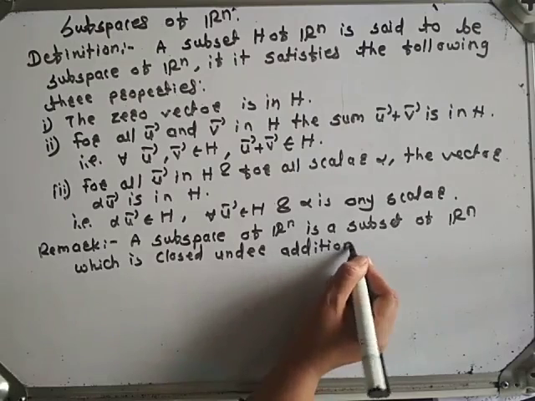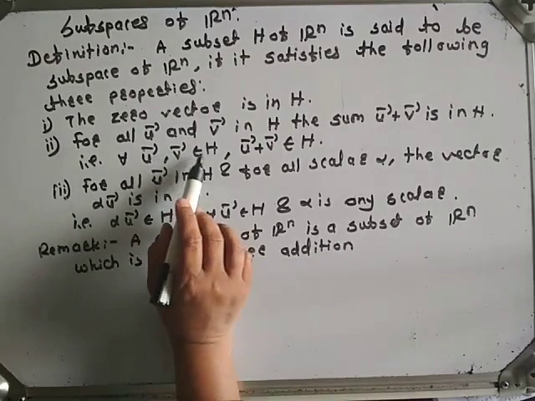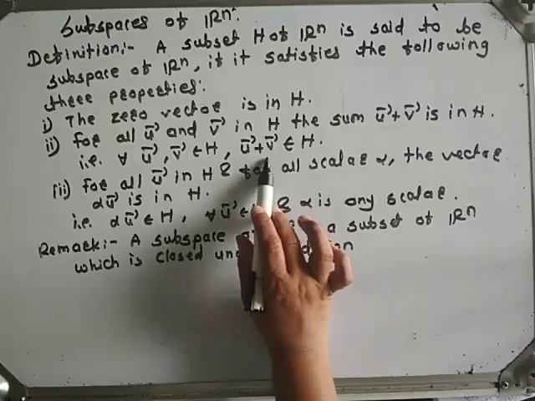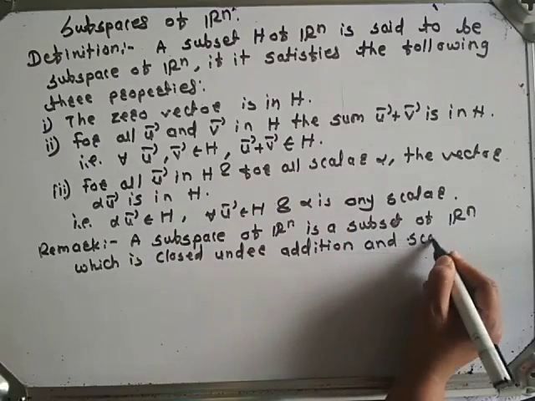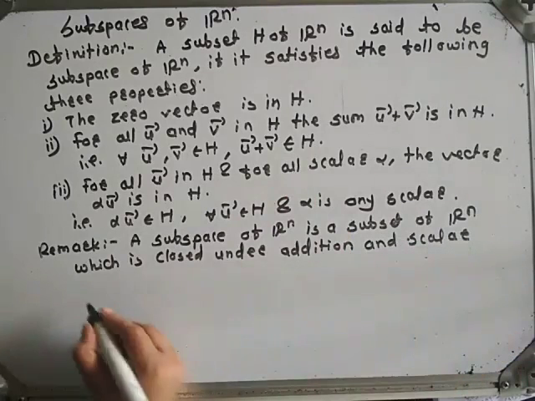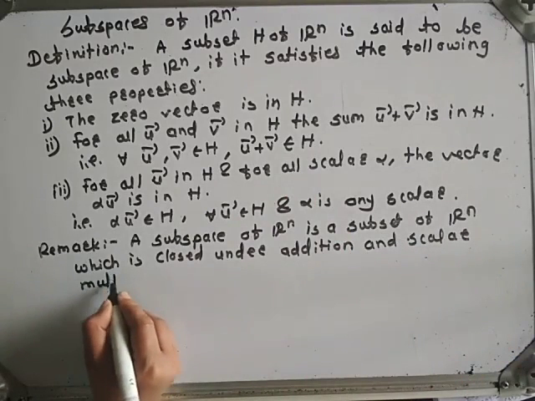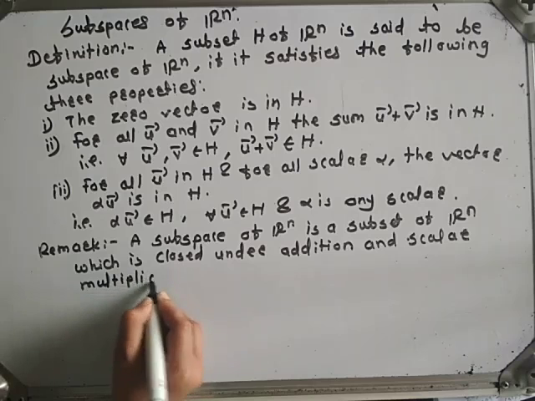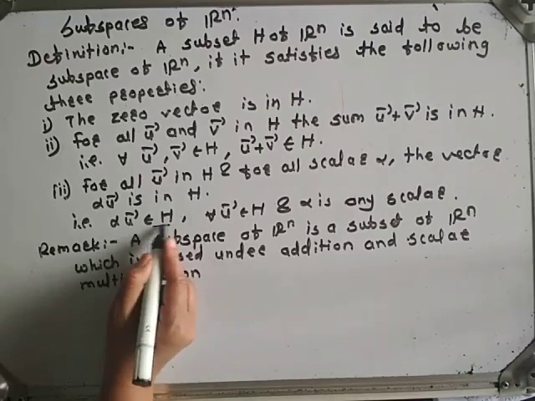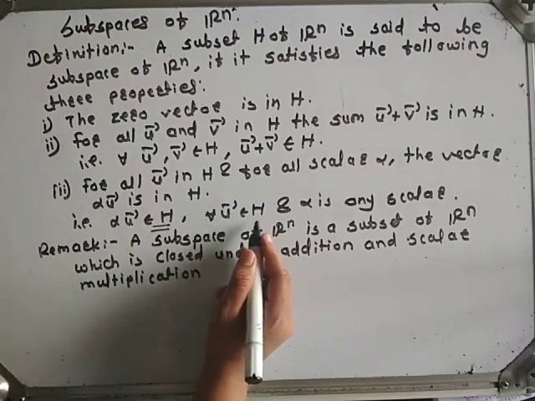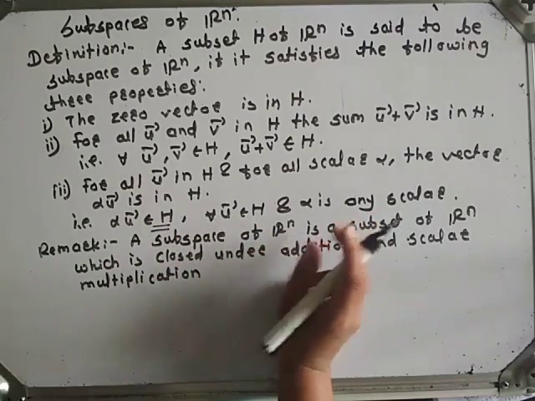Closed under addition means if you take any two vectors in H, their addition must be in H. Closed under scalar multiplication means alpha into u bar belongs to H for all u bar belongs to H, alpha any scalar.